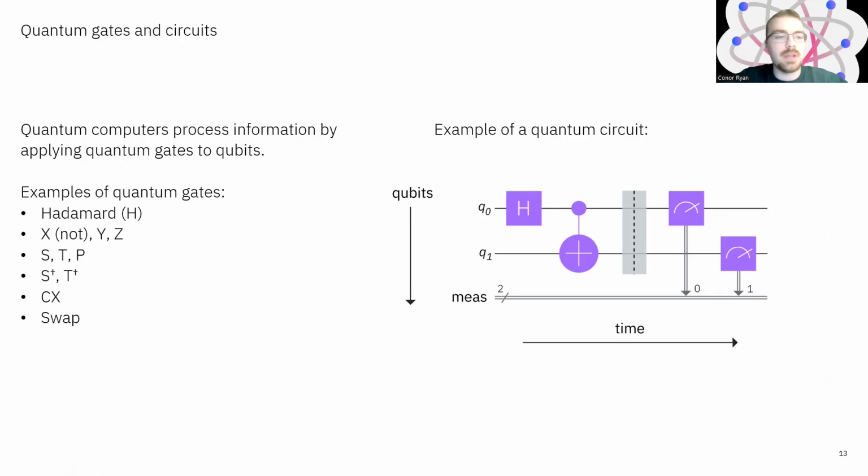So for example, we have this quantum circuit here with qubits Q0 and Q1, and we have our time axis here showing the order of the operations we perform on these two qubits. The Hadamard gate, for example, is one of the most well-known quantum gates, which puts the qubit into an equal superposition, so a 50% chance of measuring 0 and a 50% chance of measuring 1.